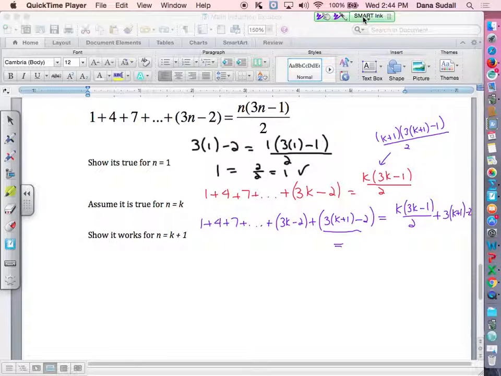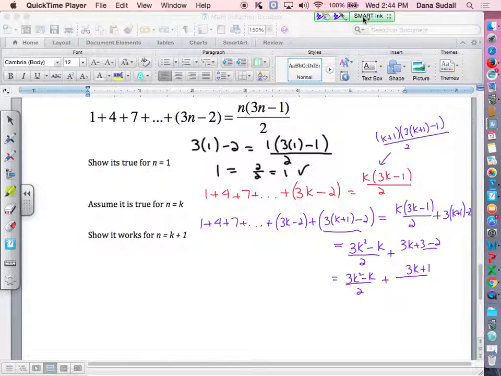So over here on the right-hand side, I'm going to distribute this and see what I can do. So I'll have 3k squared minus k, and that's over 2. This second term here, I have 3k plus 3 and a minus 2. So this term, if I combine the 3 and the 2 together, I have a 1. So I have 3k plus a 1.